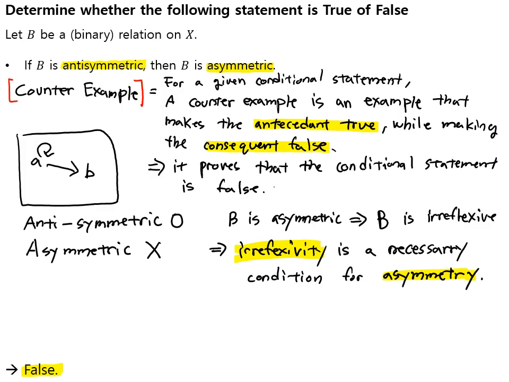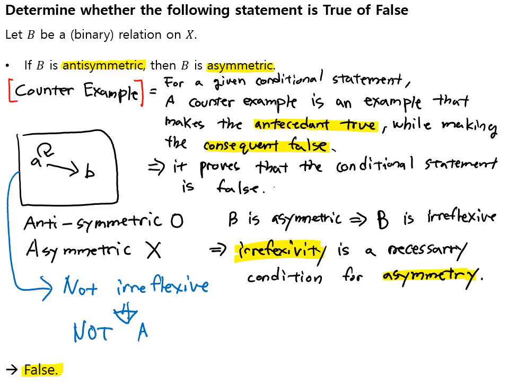Now, look at this example here, right? This example basically shows a relation that is not irreflexive, okay? And since it is not irreflexive, this implies that it is not asymmetric.